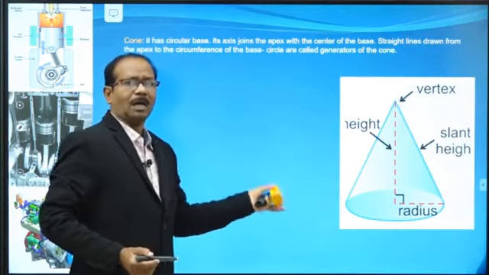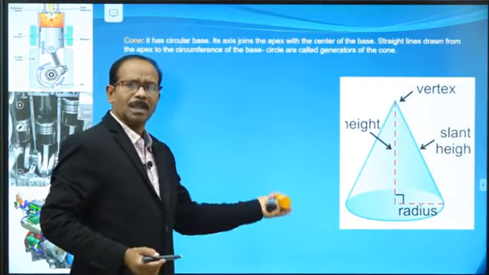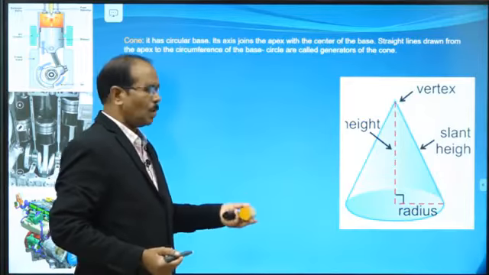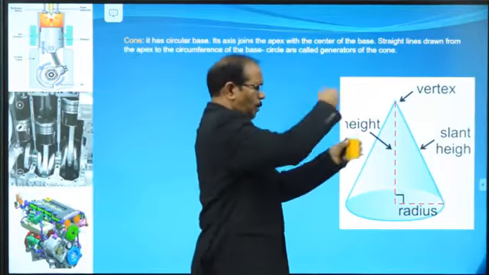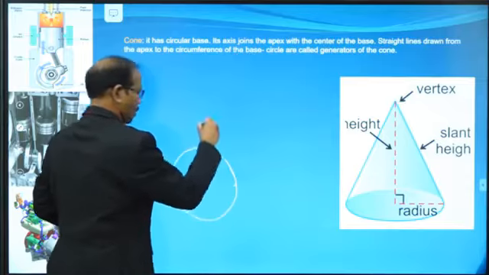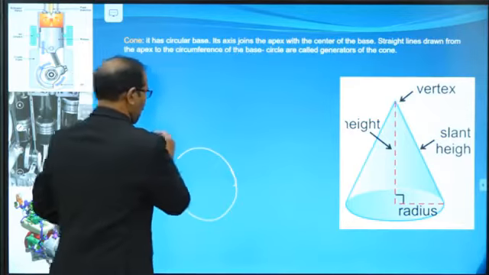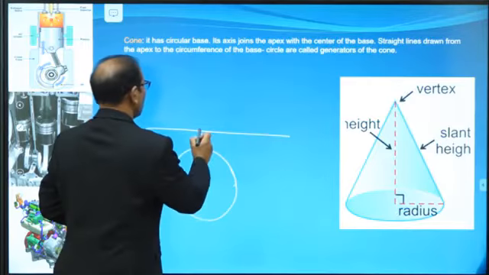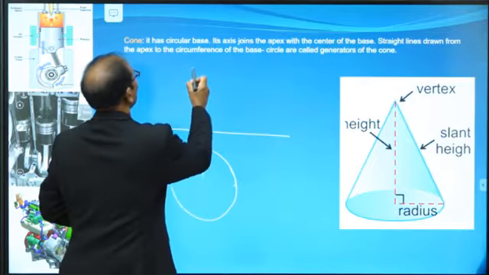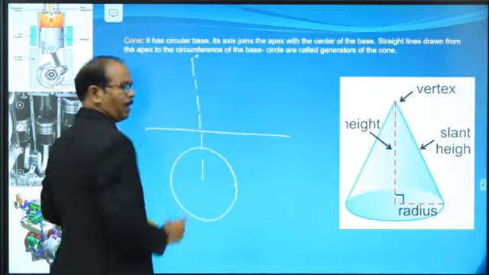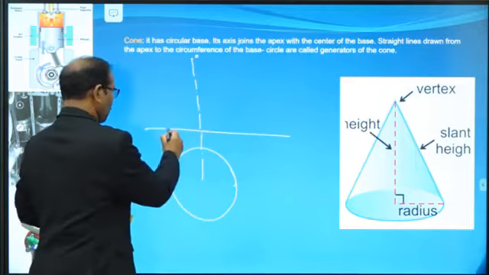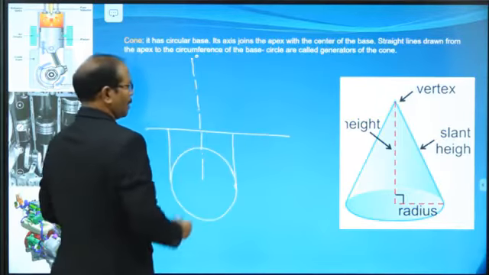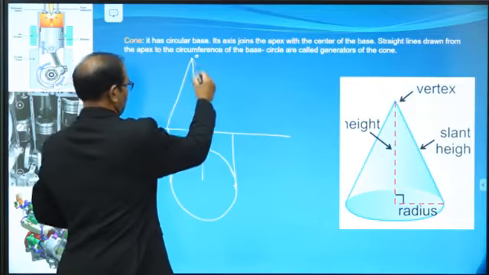Once you are asked to draw the top view and front view of this cone: the top view is a circle. Draw the XY line. Draw the front view: mark the center, and this is the apex point O. Draw these lines.